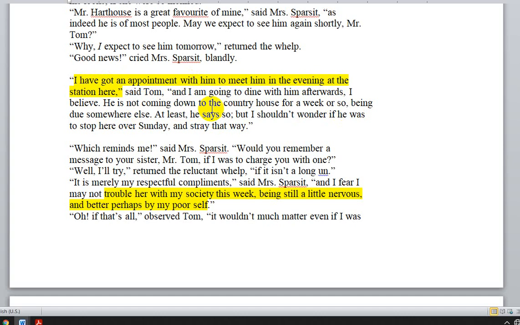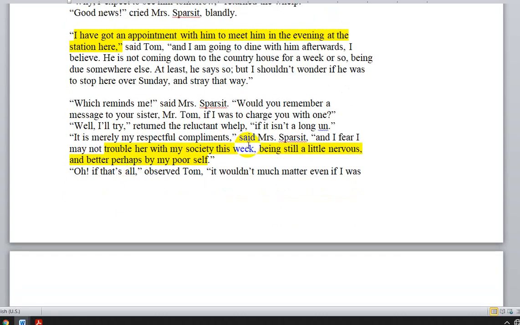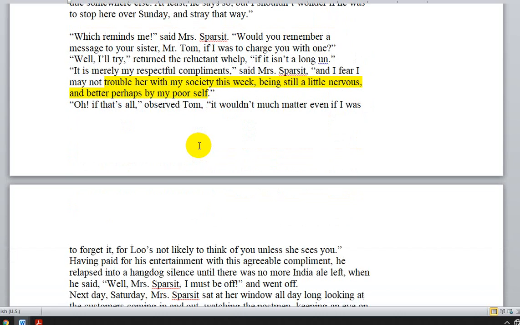He is not coming to the house with Louisa because he is busy doing something else. "Which reminds me, would you remember a message to your sister?" "Trouble her? I don't want to trouble her with my society this week, being still a little nervous and better perhaps by my poor self."